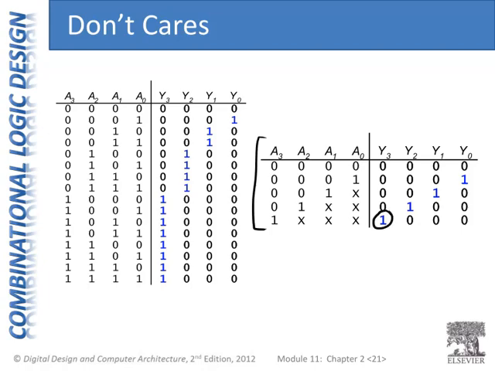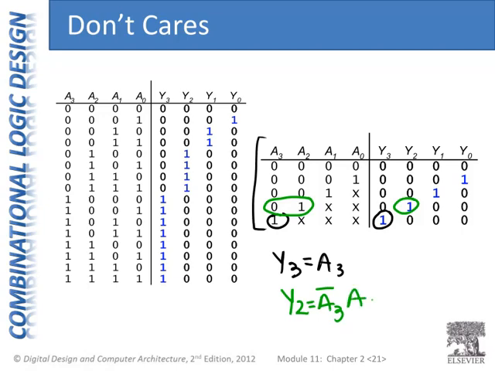So if we consider the Y3 column, we have a single 1 there. Y3 is going to be A3. The inputs A2, A1, and A0 are don't cares. Similarly, we can see that Y2 is A3 bar, this 0 there, and A2. The remaining input variables are don't cares.